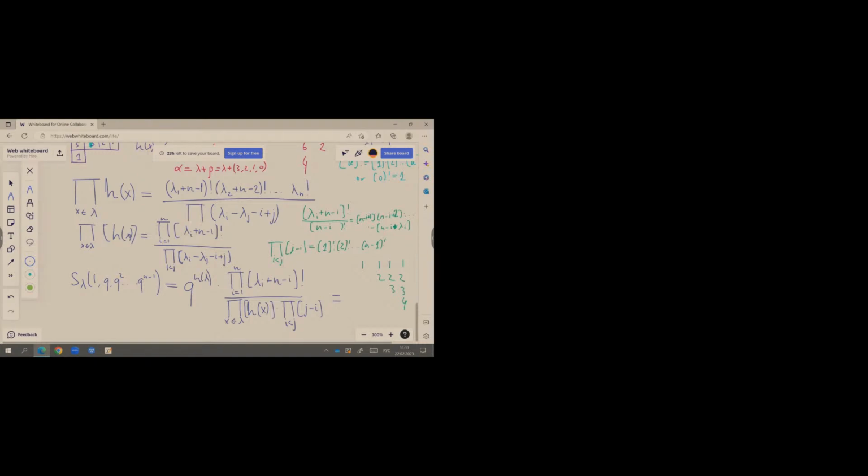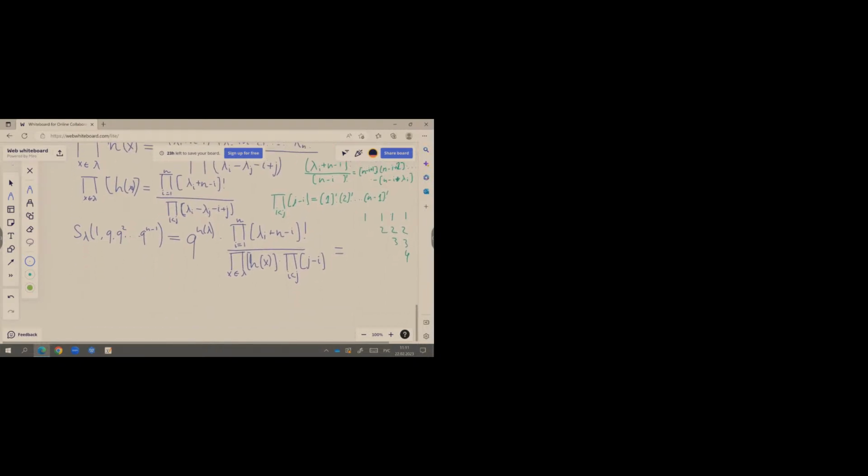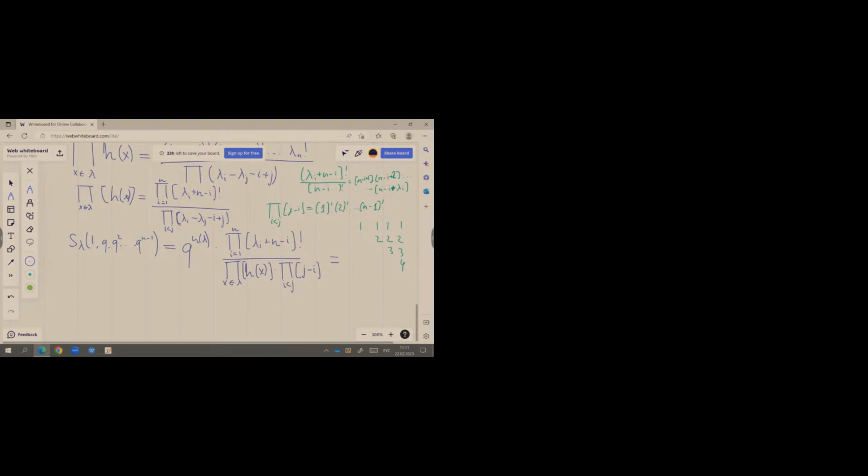So we take a product of something over the boxes of our Young diagram, right? And this something, let's see maybe at some example what this something is.